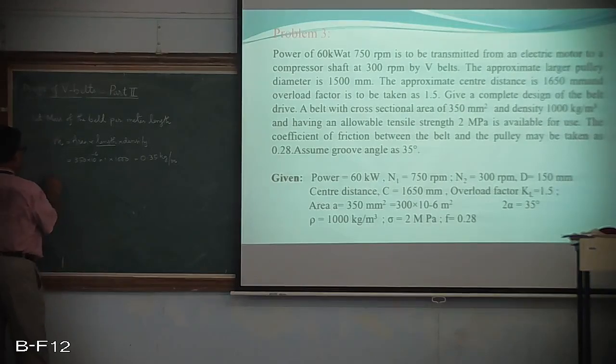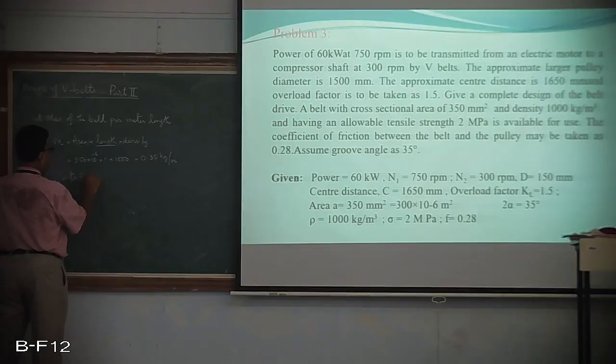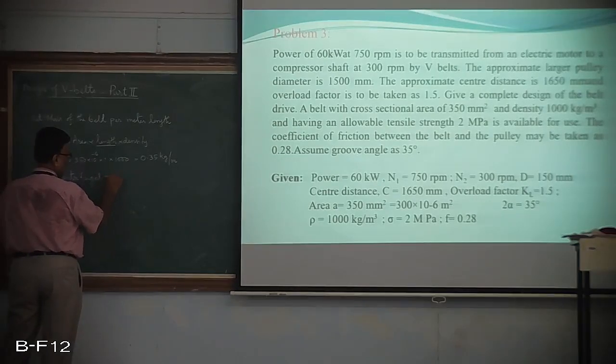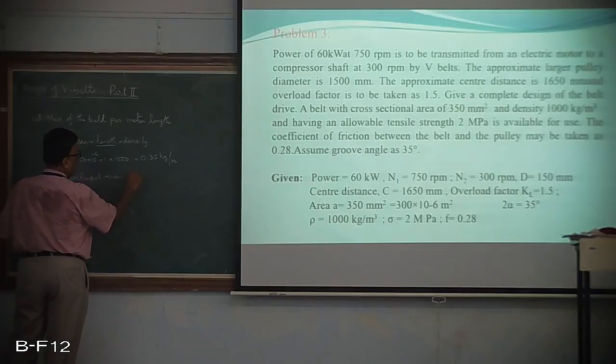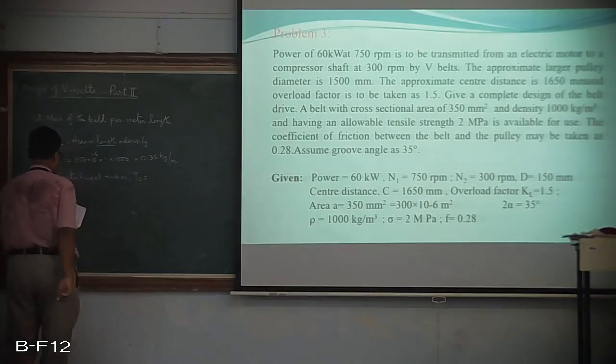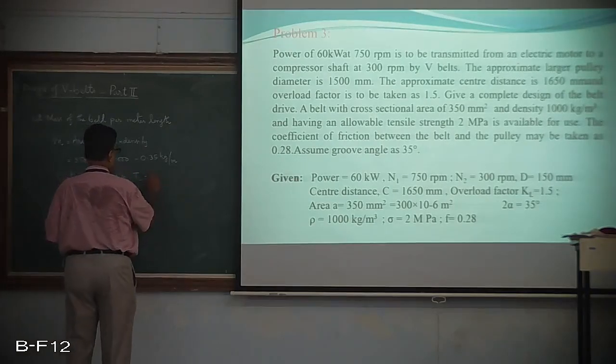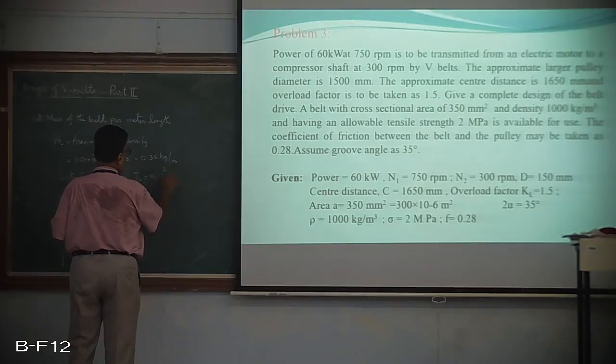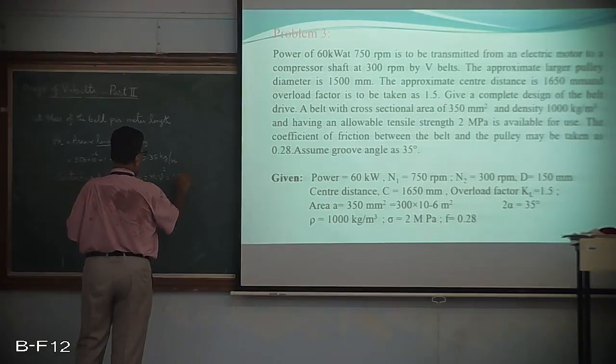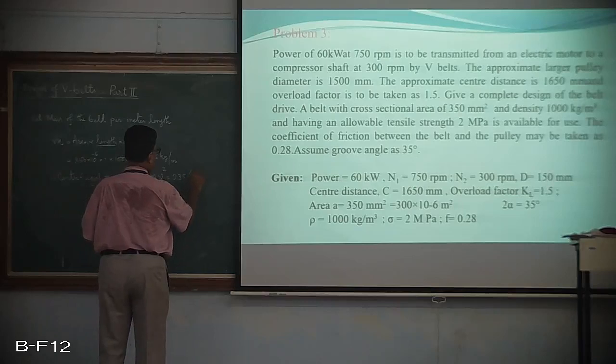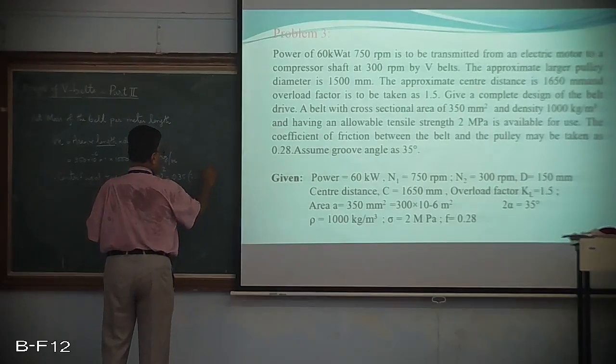Now we want to find out the centrifugal tension. I have already told you what is meant by centrifugal tension, which is given by m v square, equal to 0.35 into 23.66 whole square.